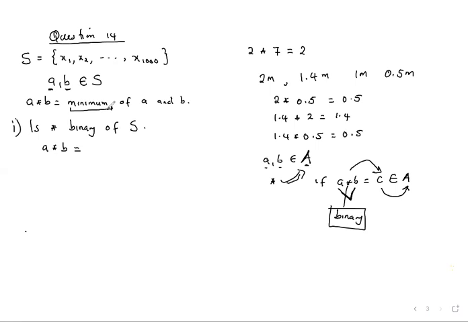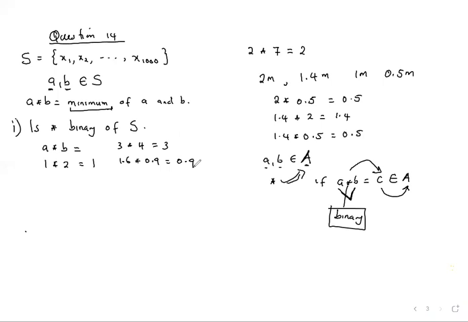The shorter one is the answer. If A is 1, B is 2, the answer will be 1. If A is 3, B is 4, the answer will be 3. If A is 1.6, B is 0.9, the answer will be 0.9. So for any two heights, the answer will also be a height.